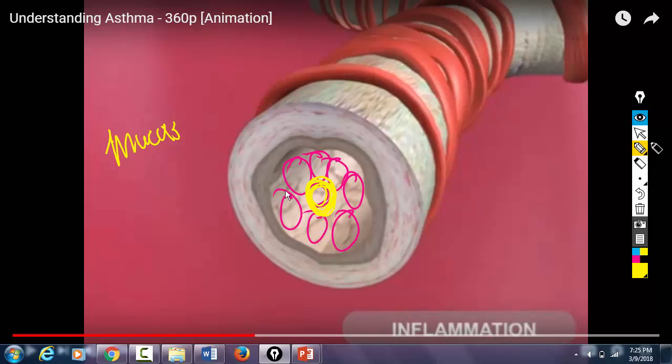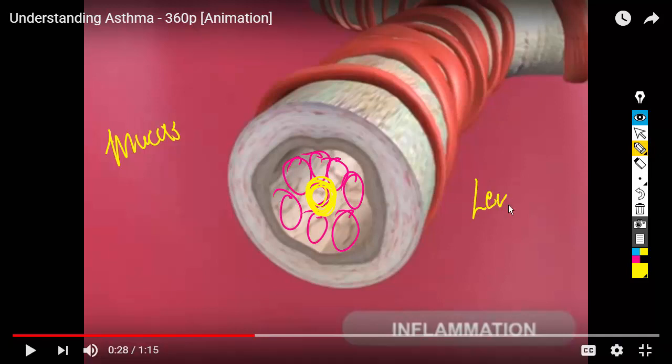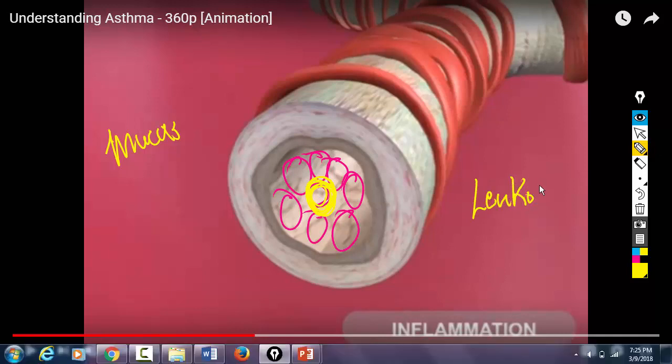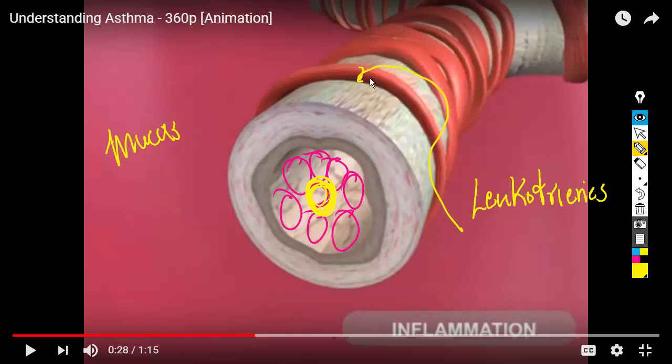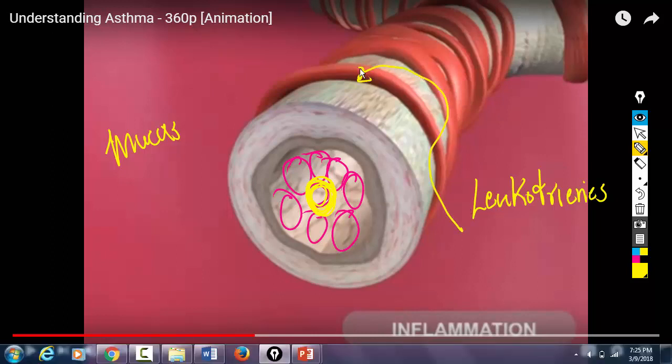White blood cells will start going to that area, and white blood cells release a chemical called leukotrienes. And leukotrienes will stimulate the smooth muscle of the bronchioles to contract. So what will happen to that airway now? It will get even smaller.